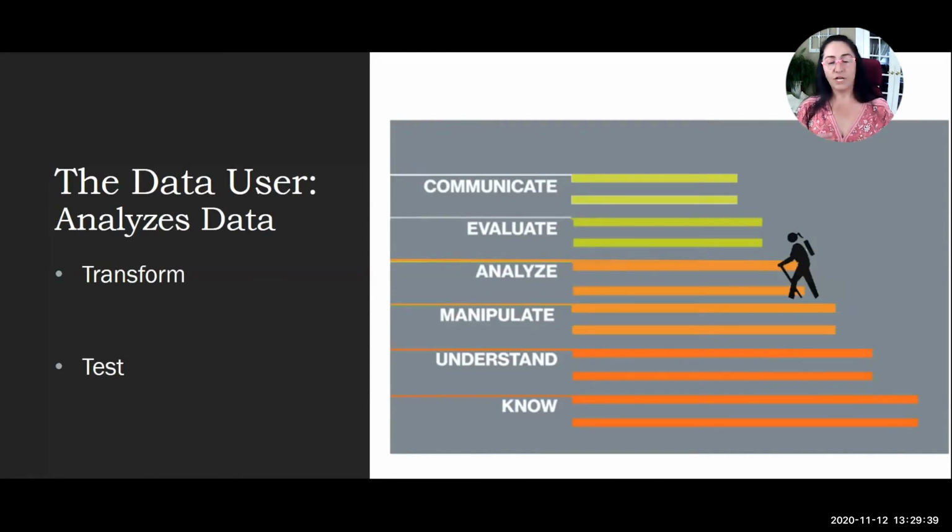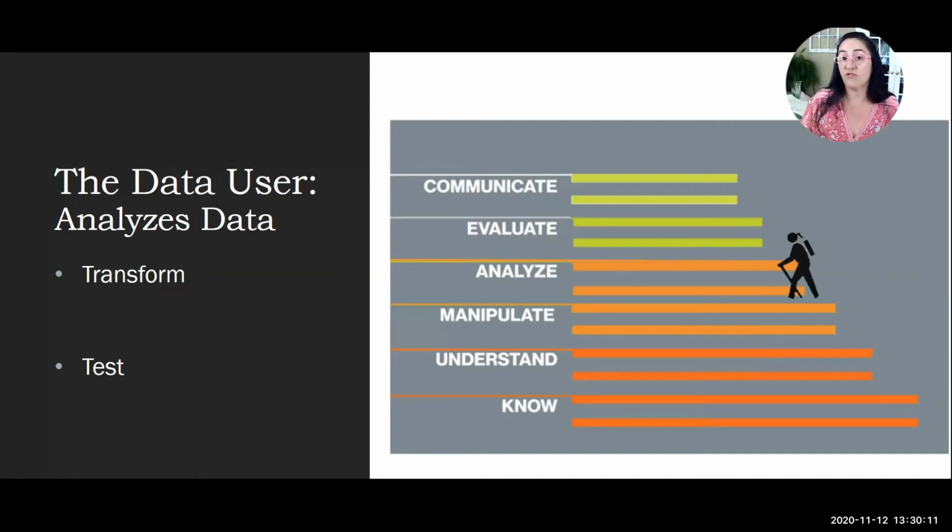The next step for the data user is that they can analyze data. This is very basic analysis, right? Transforming data, for example, parsing out information in a spreadsheet. They can split out comma-separated lists that are in a cell using copy and paste special features in Excel and a spreadsheet to make it multivariate data as opposed to a single variable.